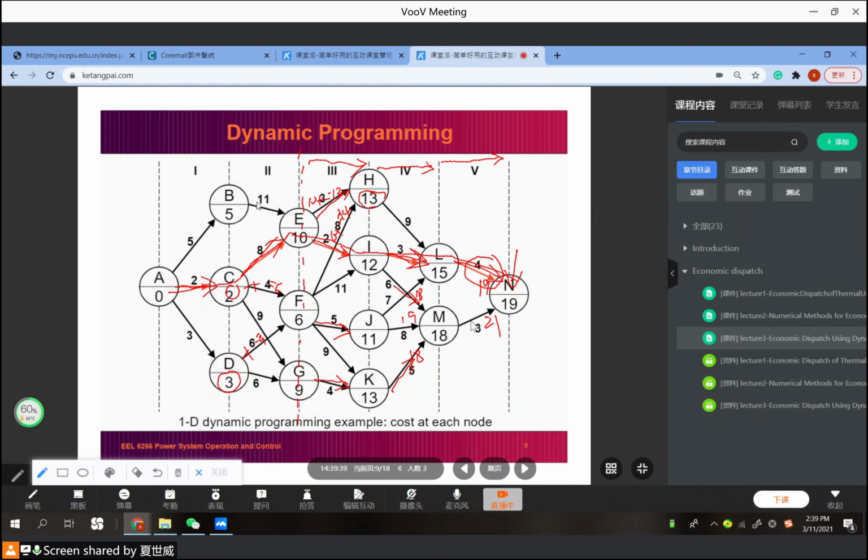Second stage, how to get E? There are different paths, and we only keep the best path here. Best path is ACE, and best cost is 10. We just repeat this, and we get to the final destination N. So the best path will be ACEILN.